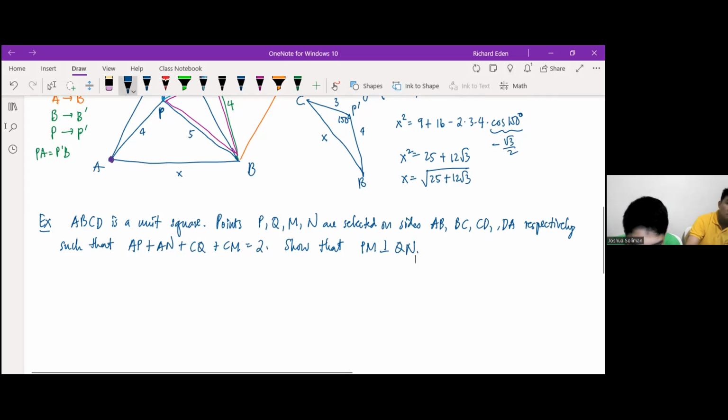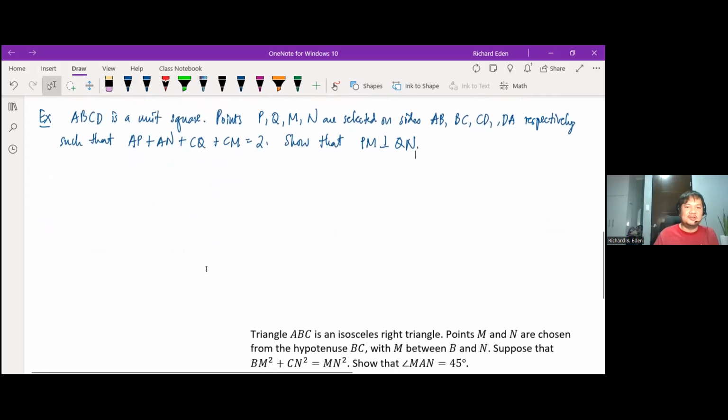Okay, so drawing muna natin ang ABCD just to get an idea of what's happening. So the sides AB, BC, CD, DA, we're going counterclockwise.